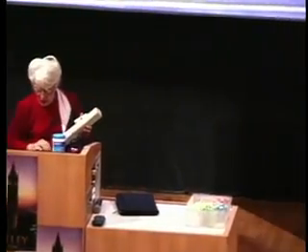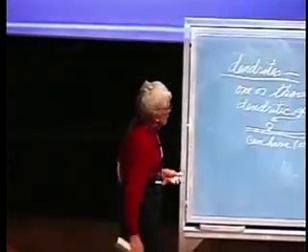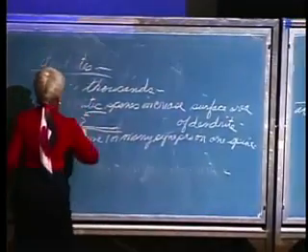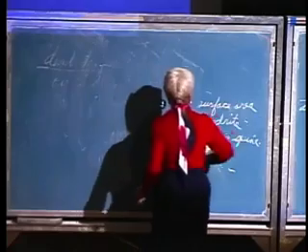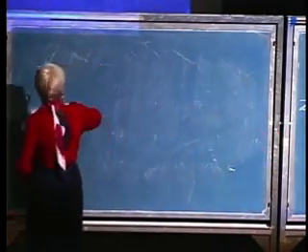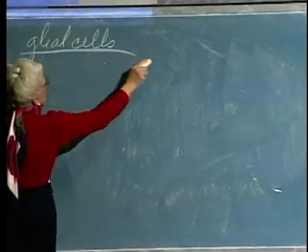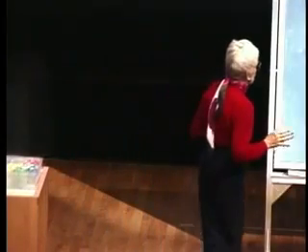Now, we want to look at glial cells. Briefly, we can say that they're the metabolic and structural support cell for the neuron.